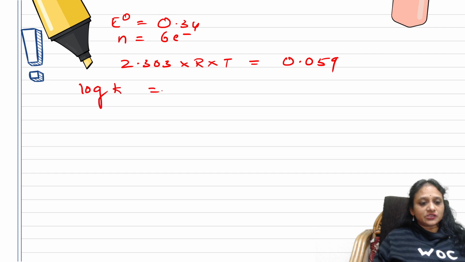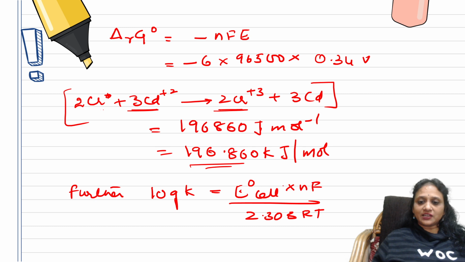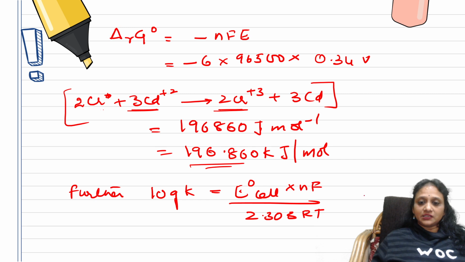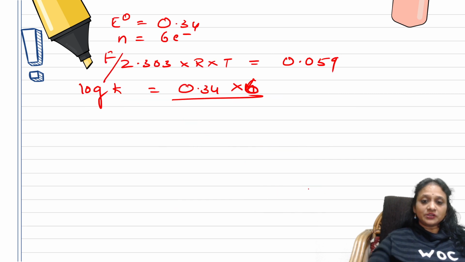Log K is equal to, according to the formula which I've used, this formula, earlier formula, I'm substituting the values in this formula. Now nF. One more thing, students: this F also is here, no? 1 Faraday is also there. That F also divided by 2.303 RT is the total thing.